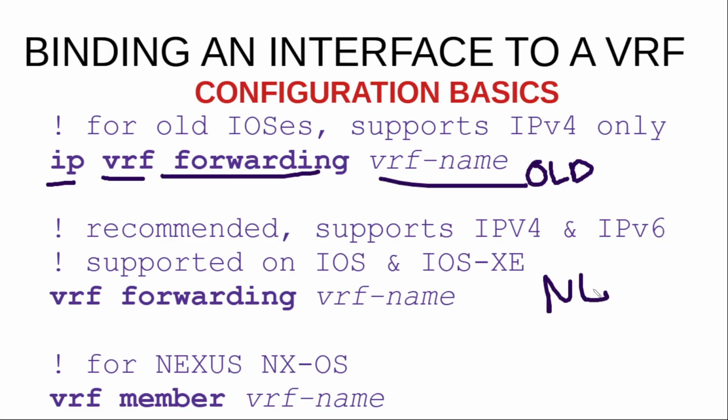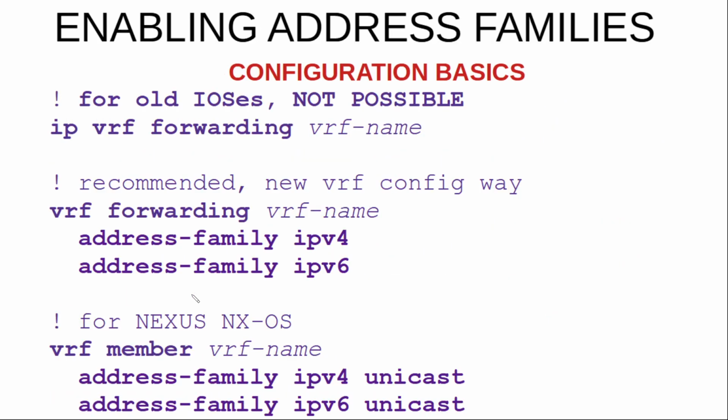But the new way to do it is going into the interface, sub-interface, virtual interface, or whatever, and running this command, vrf forwarding. ip vrf forwarding is the old way. vrf forwarding is the new way. And if you're using Nexus, you would use vrf member.